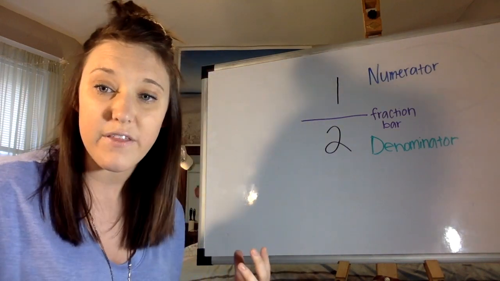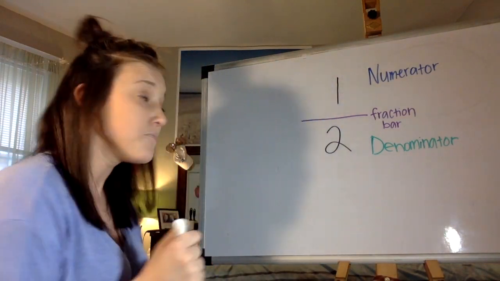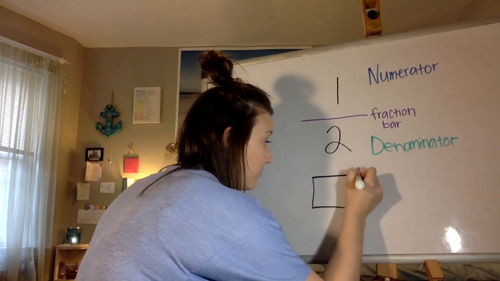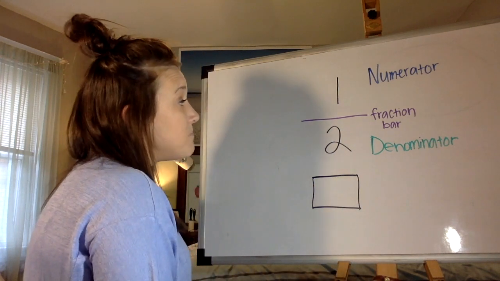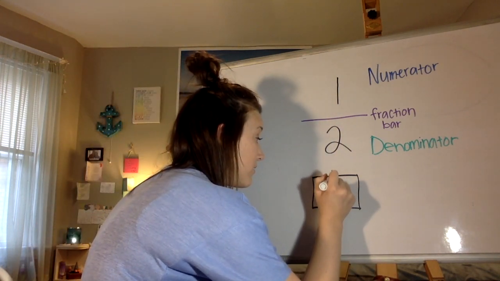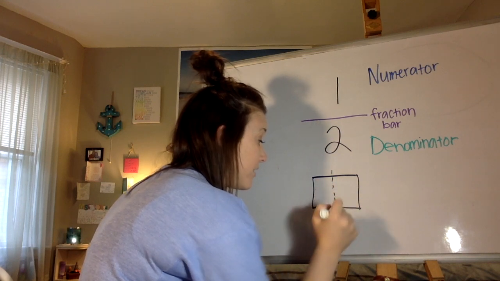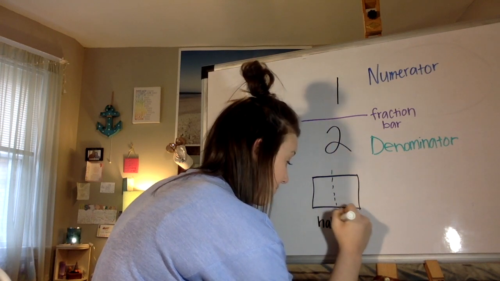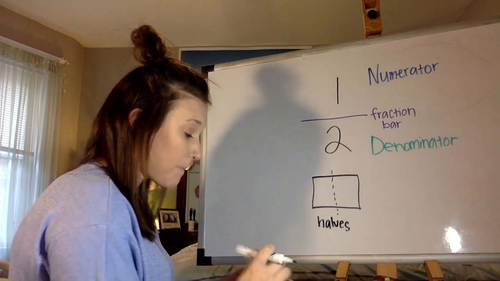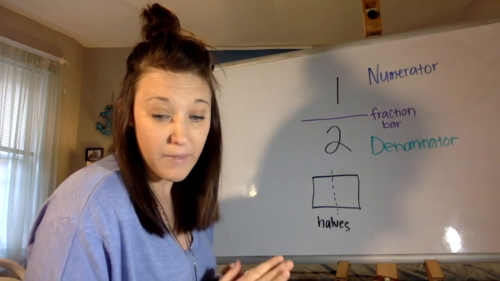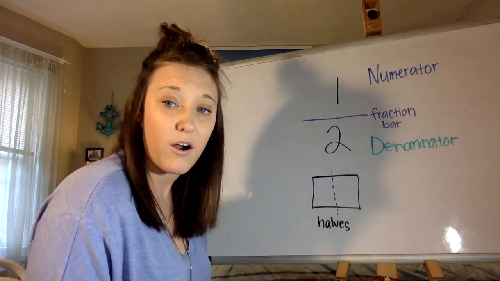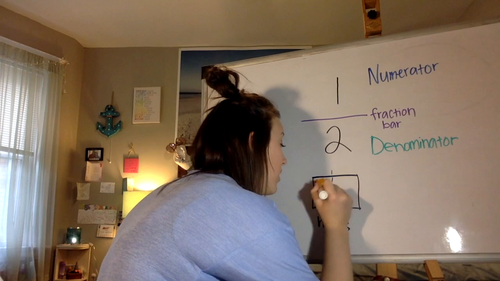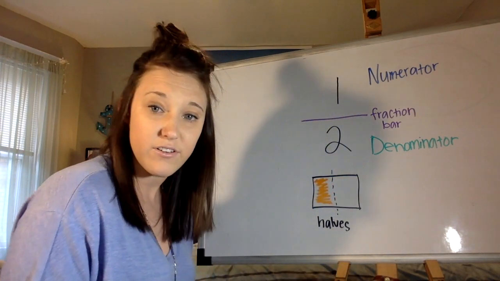Let me draw this as an example. We have a box or a rectangle, and my fraction bar, this is my line. If you remember from before, it's called a half or halves. My numerator is telling me how many equal parts are being counted. I only want to count this one orange half.